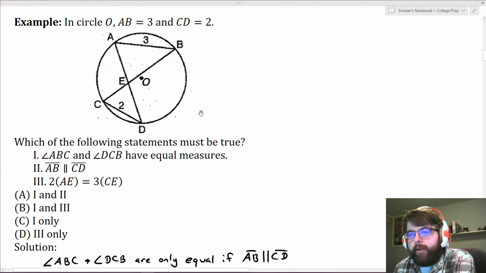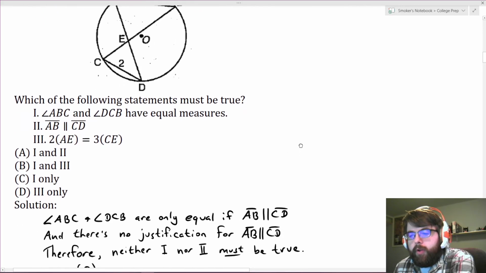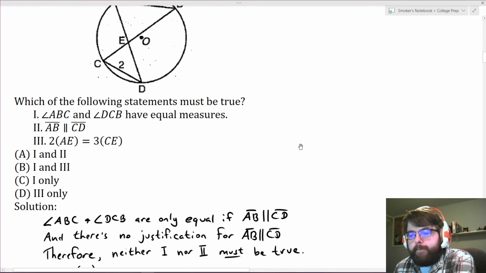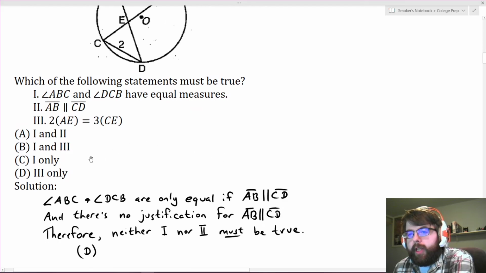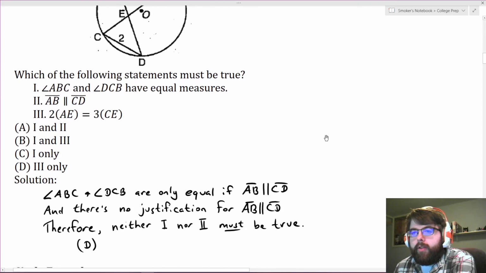In fact, they don't even look parallel in this image. So, therefore, neither 1 nor 2 must be true, which means that by eliminating 1 and 2, we know our answer has got to be D, because eliminating just 1 as a must-be-true eliminates A, B, and C, and then we know it has to be D.